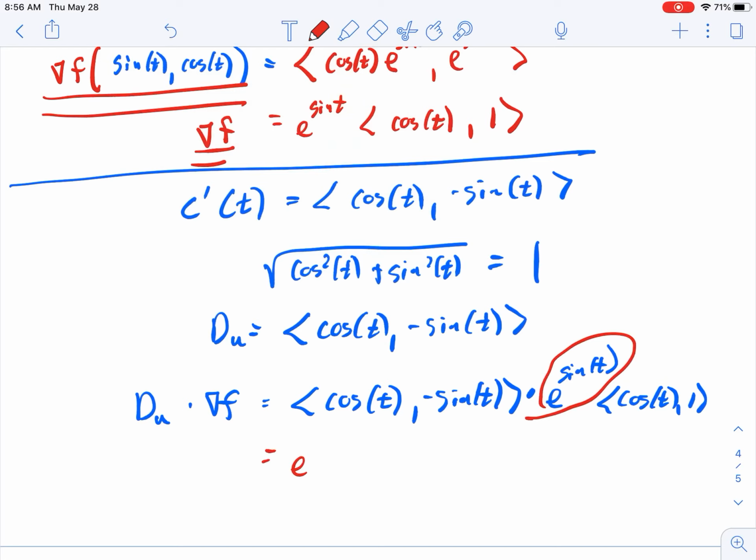Now what I'm going to do here is I'm going to leave this piece out. So I'm going to have e to sine of t. Okay, so now do the dot product. So I have cosine squared of t minus sine of t.